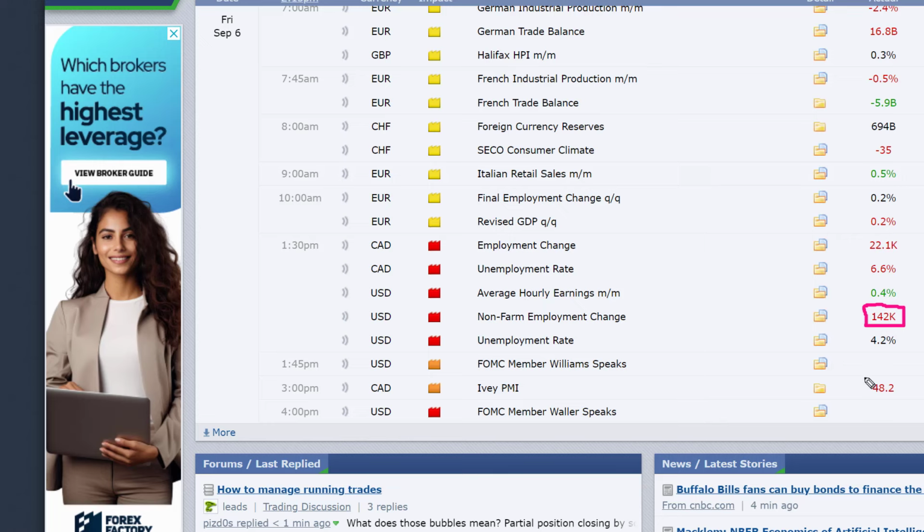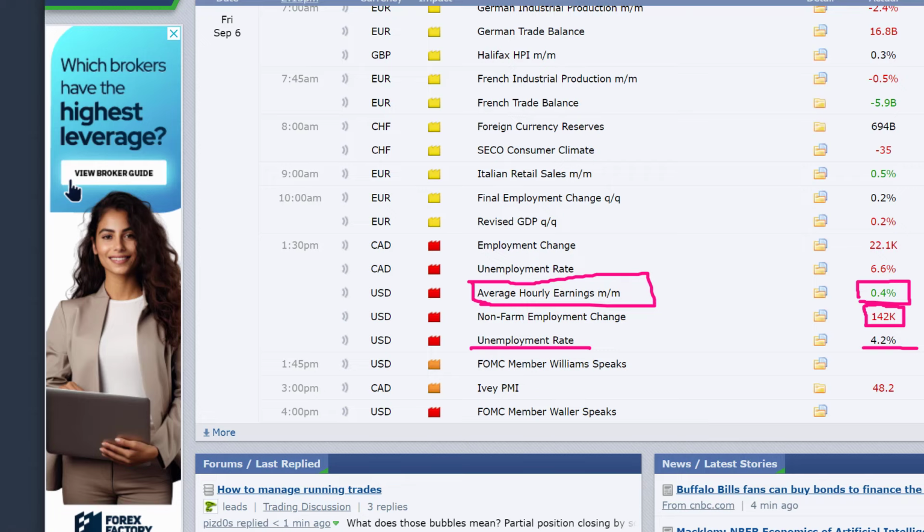Well, it did, but then you've got to take into consideration average hourly earnings. These came out slightly stronger here. So you've got a mixed report. Plus, you've got the unemployment rate down here as well, which came out in line with forecasts. So you've got a mixed report there.